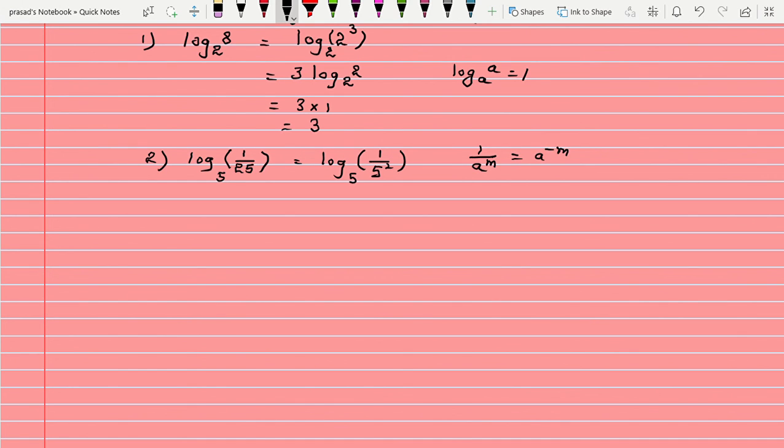So that will be log, I can write this as 5 to power negative 2 to base 5. So use the power law of logarithm, that will be minus 2 log 5 to base 5. And again log of 5 to base 5 is 1, so this will be negative 2.